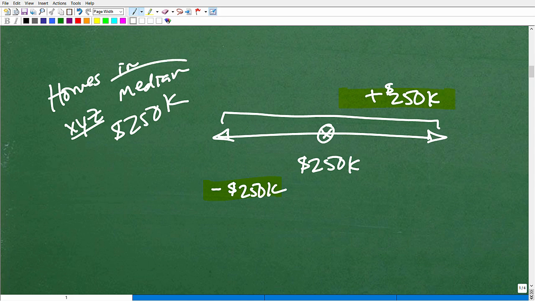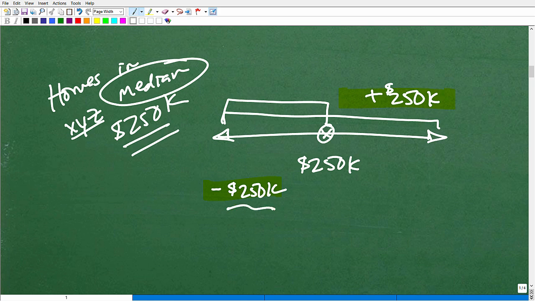I was given a measure of central tendency that tells me something about the entire data set without even seeing the entire data set. If I just knew that the median is 250,000, interesting. Well, I got it. 50% of the houses in this area are under 250, and maybe that's significant to you. Let's say you have a budget of 300,000 to buy a home. You're like, okay, well, close to 50% might be in my range, if you will.